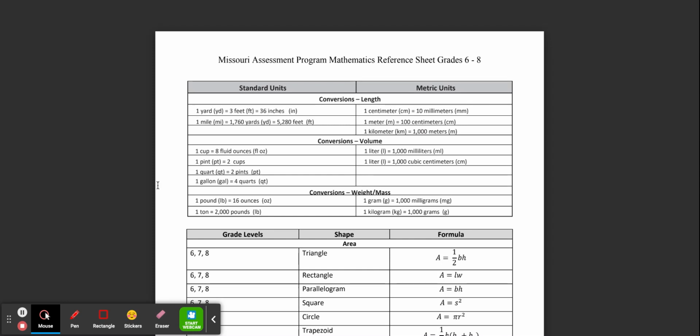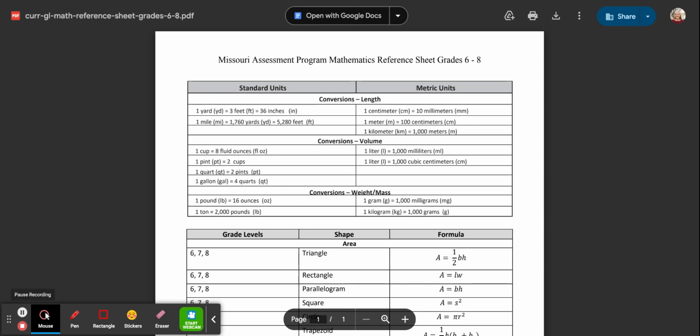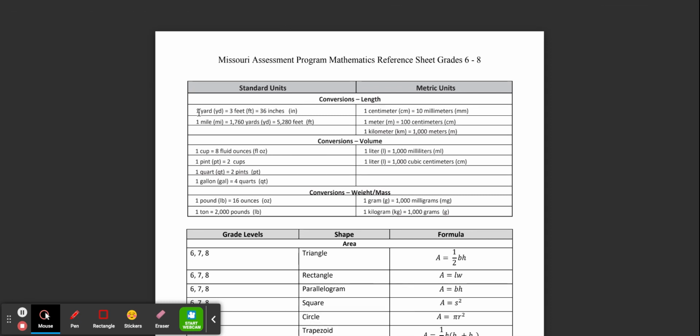So if your problem was that you needed to convert 2 yards into feet, you would multiply the 1 yard by 2, and do the same for the 3 feet, multiplying it by 2. So 2 yards would be equal to 6 feet. This just shows us the unit conversions.